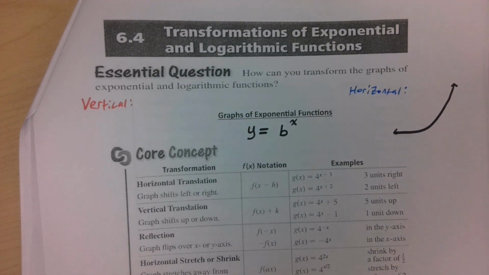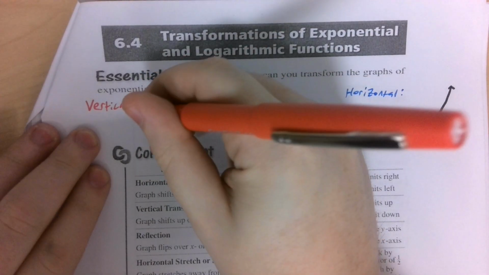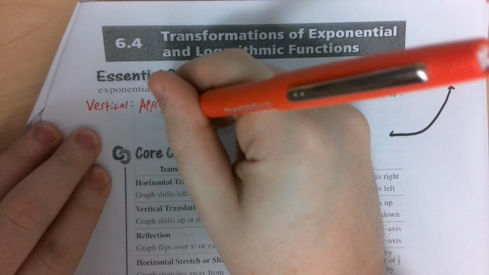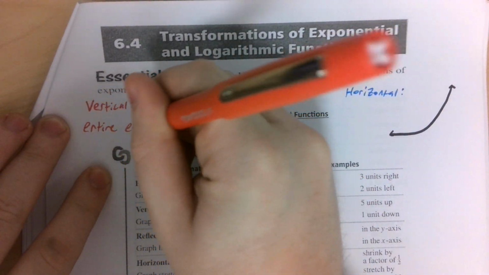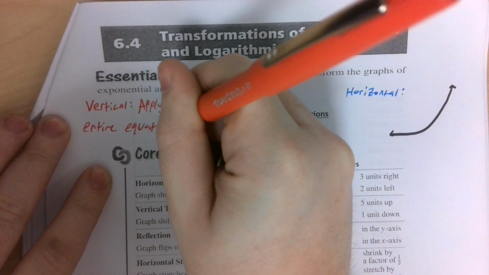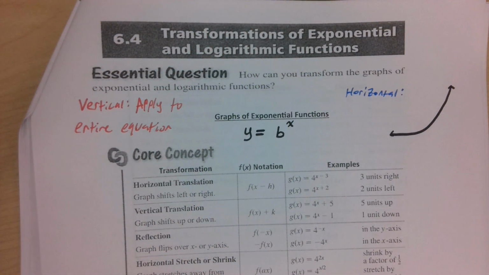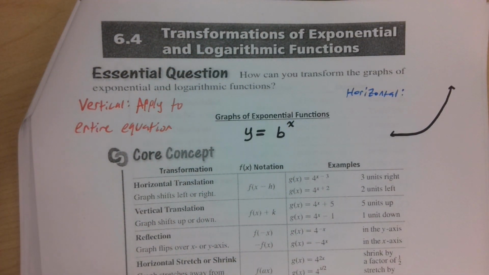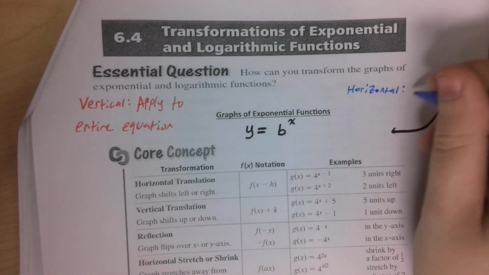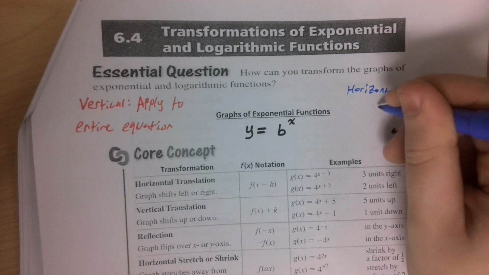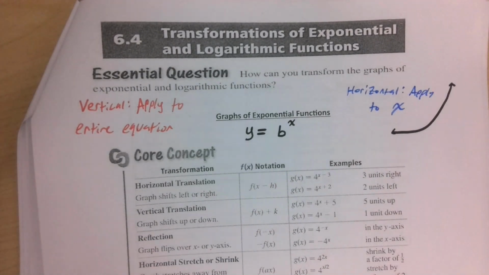Vertical transformations are always going to apply to the entire equation. So for instance, if the transformation is plus 2, you're adding 2 to the entire equation. If you're multiplying by 2, you are multiplying everything by 2. With horizontal transformations, it's only going to apply to x, our input.